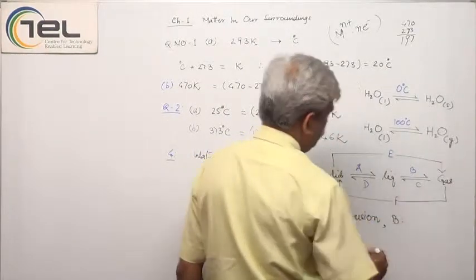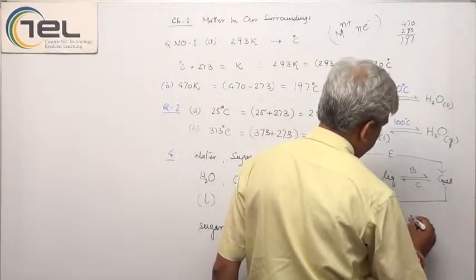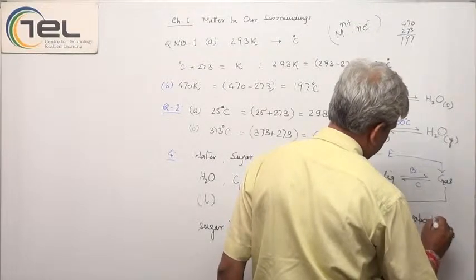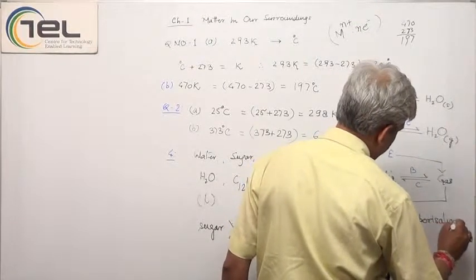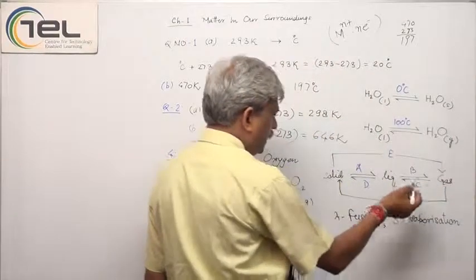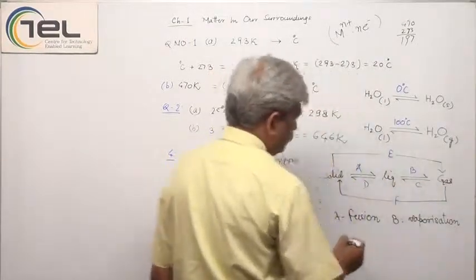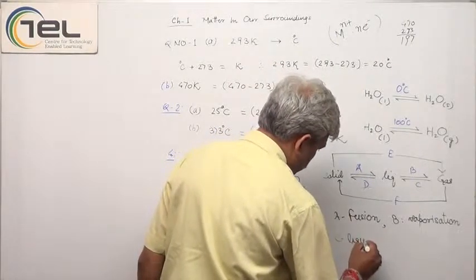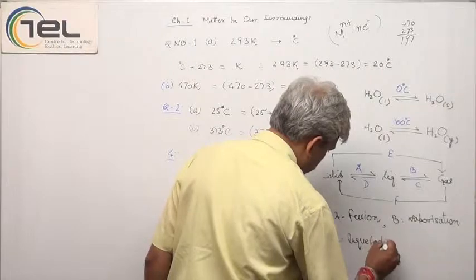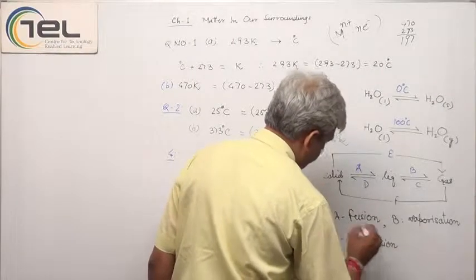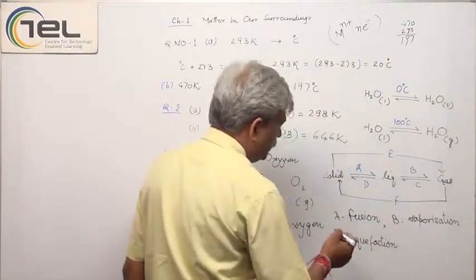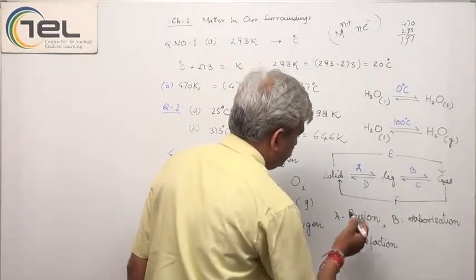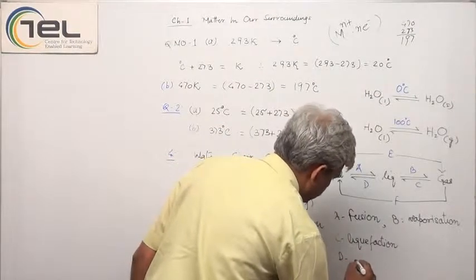Then B is the process of vaporization. And gas to liquid is the process of liquefaction. D is the process of solidification or freezing.